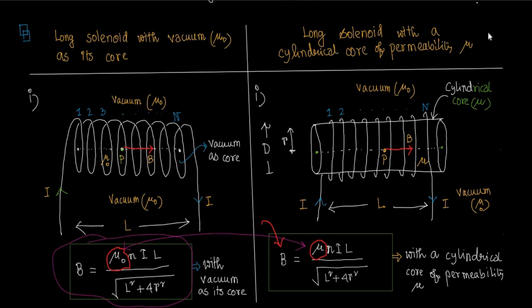So for a solenoid with vacuum, we have the expression of B equal to mu 0 N I L divided by root over L square plus 4R square. But for a solenoid with a cylindrical core having magnetic permeability mu, B is equal to mu N I L divided by root over L square plus 4R square.